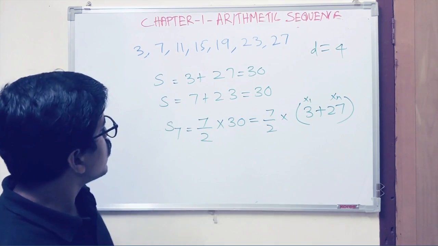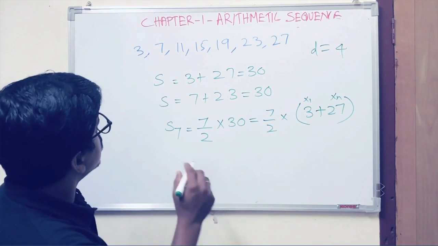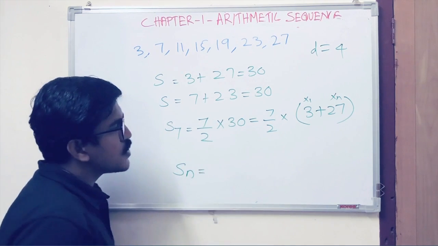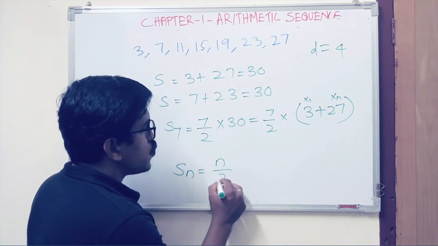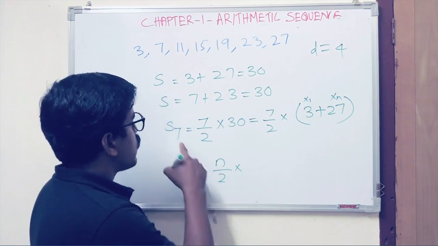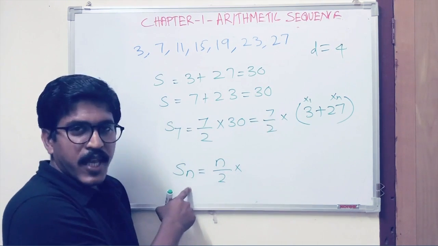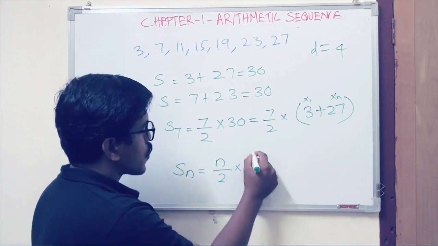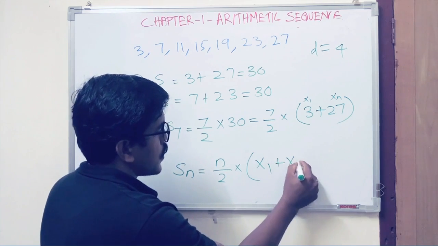From here, we can write the general formula. If I am having the nth term, then the sum is n by 2 into, if it is 7 terms, that is 7 by 2. If I am having n terms, that is n by 2 into (x1 plus xn).